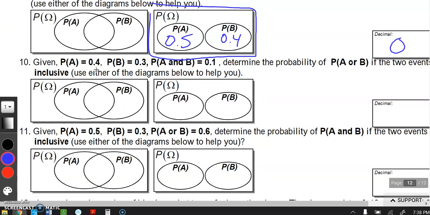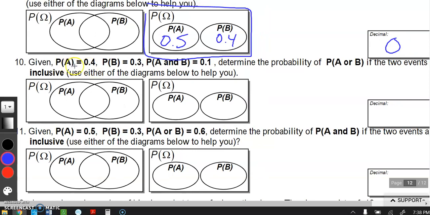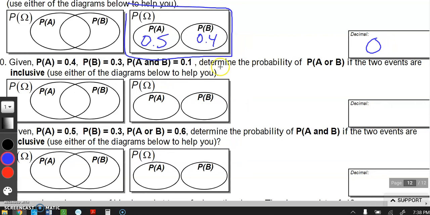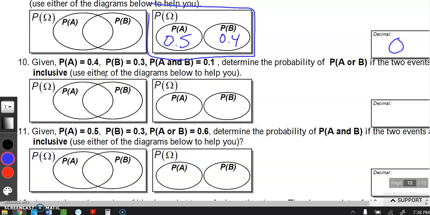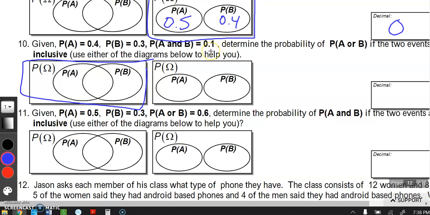Okay, let's look at the probability of A is 0.4, B is 0.3, A and B is 0.1, and these are definitely going to be inclusive. So we want to use this first one, and it says that them happening together is 0.1. So we want to put 0.1 in the middle, and we want to subtract this 0.1 from both of them. So the probability of A is 0.4, so if we subtract 0.1 from 0.4, that's 0.3.